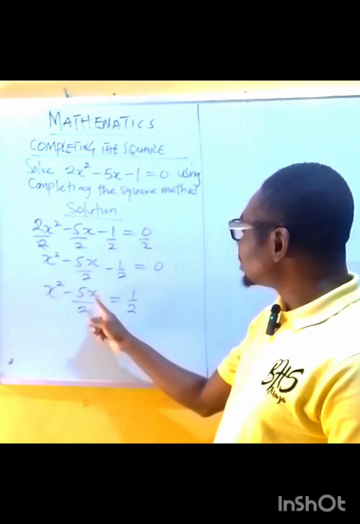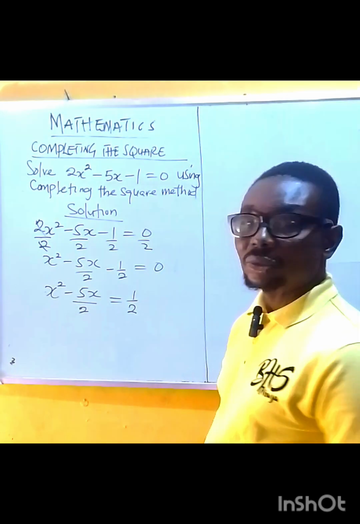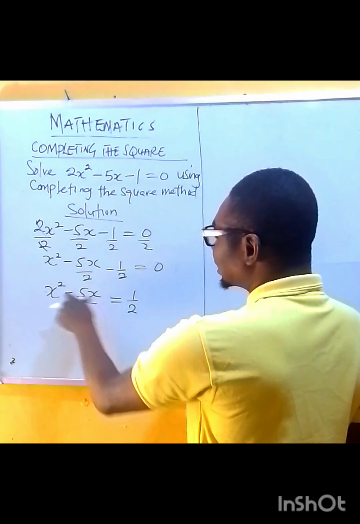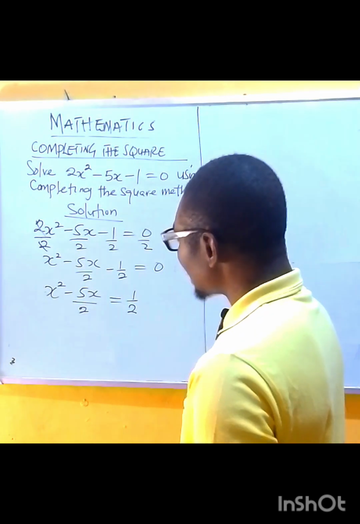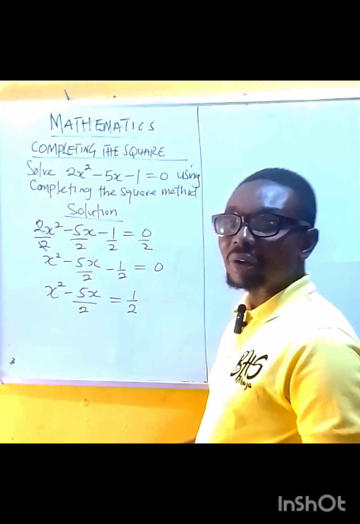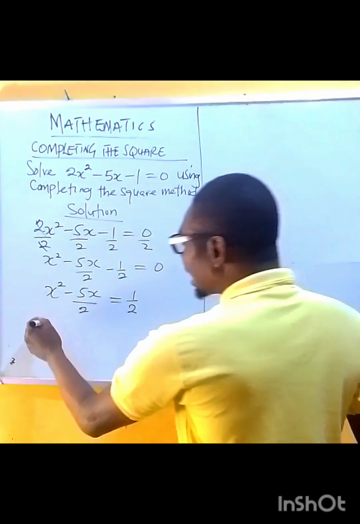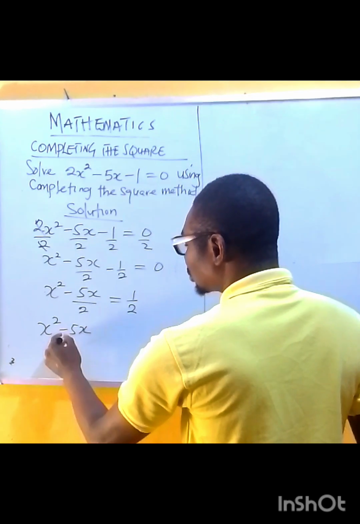Then you add to both the left hand side and the right hand side. So the coefficient of x is minus 5 over 2. So half of minus 5 over 2 will give me minus 5 over 4.